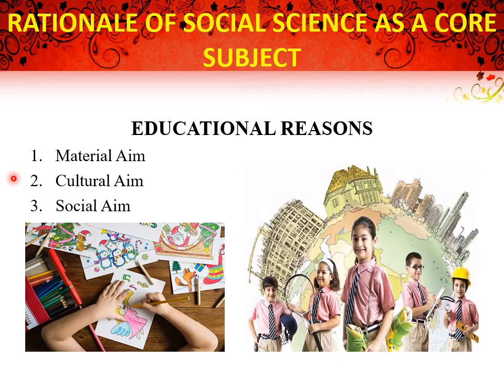His idea of education is that it should aim at a complete and harmonious development of all the capabilities of the individual. And thirdly, in terms of social aim, a child has to play a role as a member of the society in which he is born.